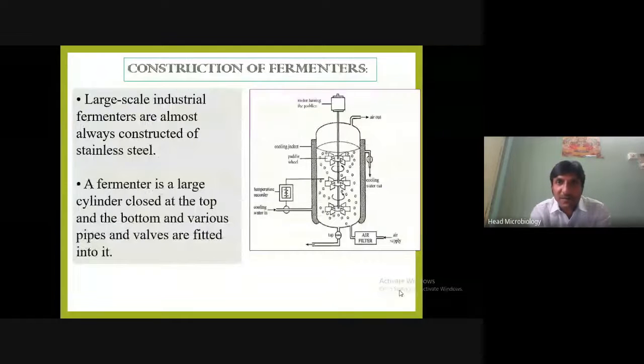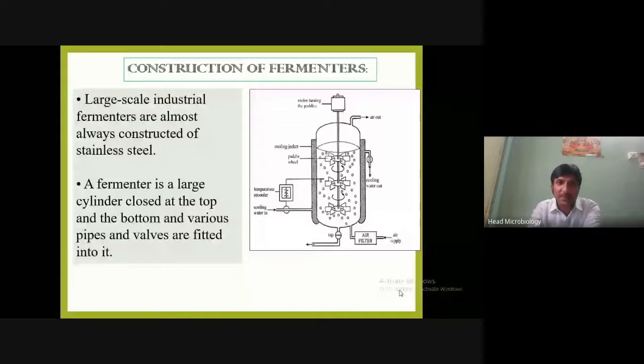Construction of a fermenter: the large-scale industrial fermenters are almost always constructed of stainless steel. A fermenter is a large cylinder closed at the top and bottom, and the various pipes and valves are fitted into it based on the industry.